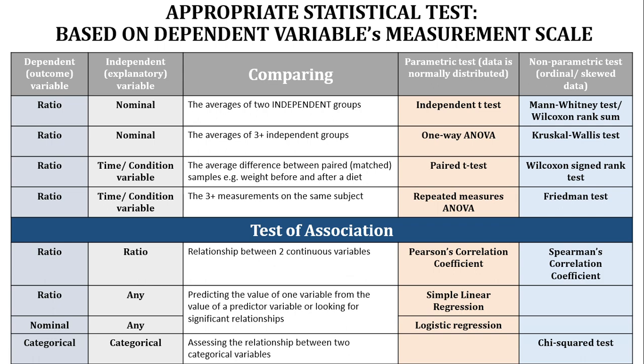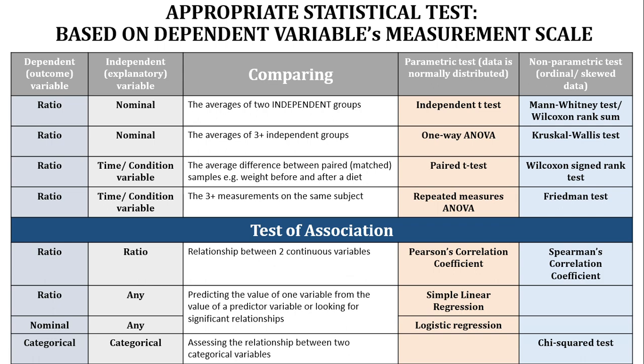But if your dependent variable is a nominal scale or categorical variable and your independent variables are nominal, ordinal, ratio or interval, in such a scenario, and I am again emphasizing this point, if your dependent is nominal and your independent variables are of any measurement scale, then you must use logistic regression.